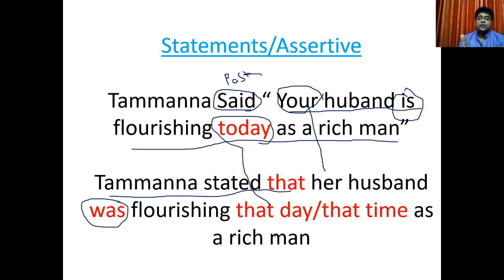Which are the four rules? First, change the pronoun, change the tense, then change the time symbols. Once you have answered, you need to ask these questions. Have I changed the tense? Have I changed the pronoun? Have I changed the time symbols? If you do this, you yourself know your answer is perfect.